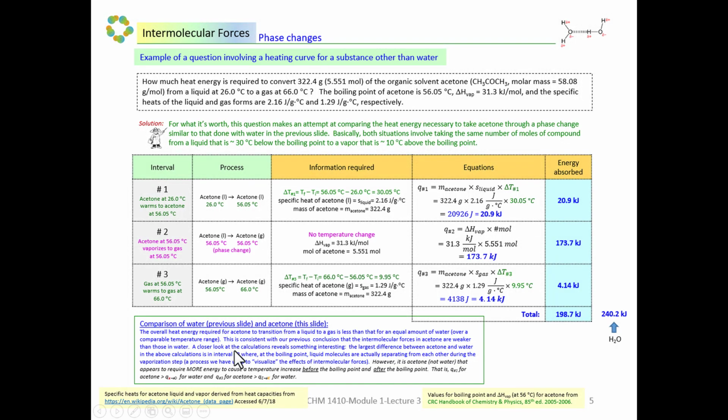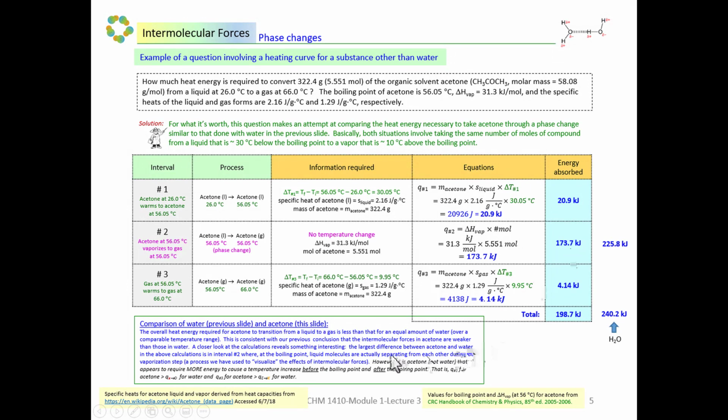Now a closer look at the calculations on this slide and on the previous slide reveals something interesting, and that is the largest difference between acetone and water seems to be in interval number 2. So for water in interval 2 required 225.8, acetone only 173.7.